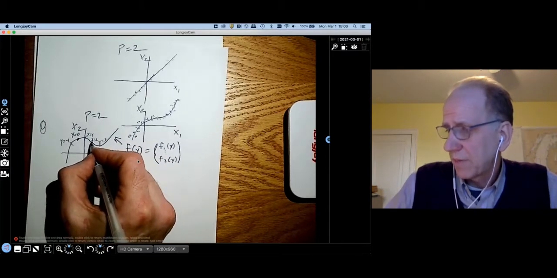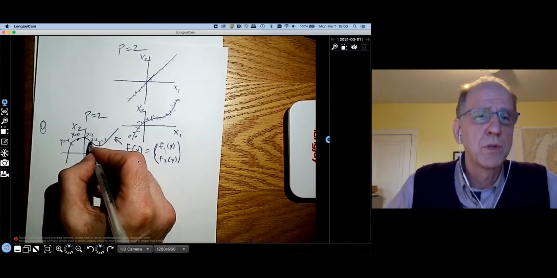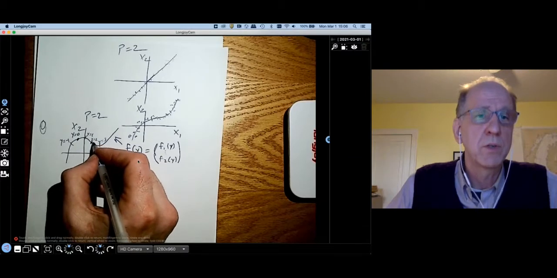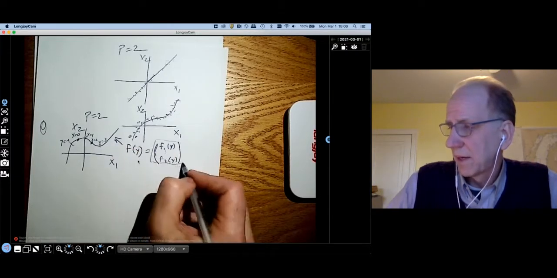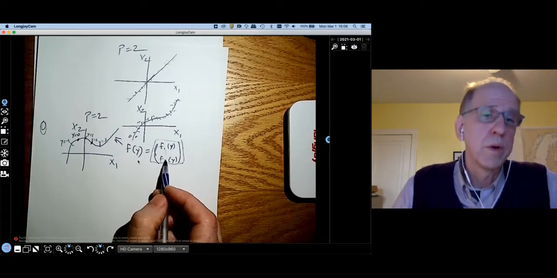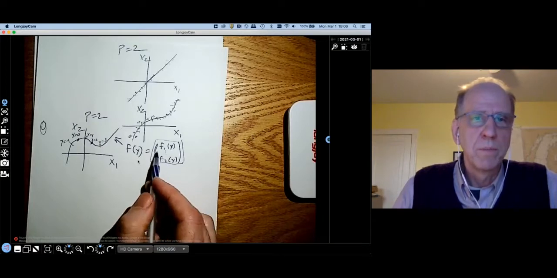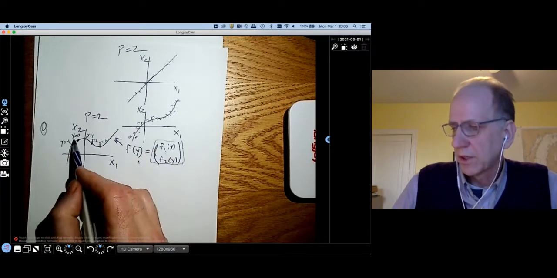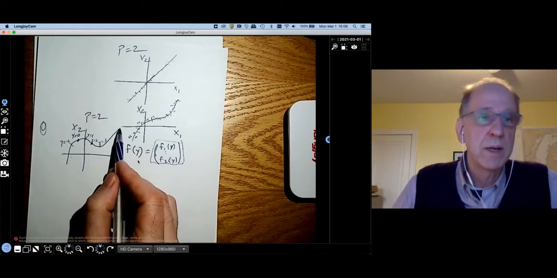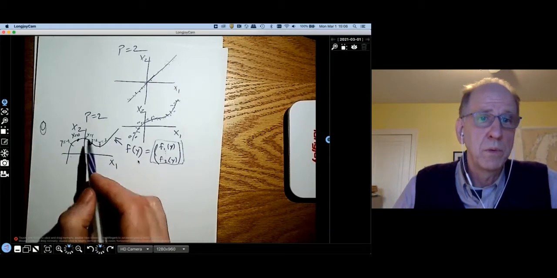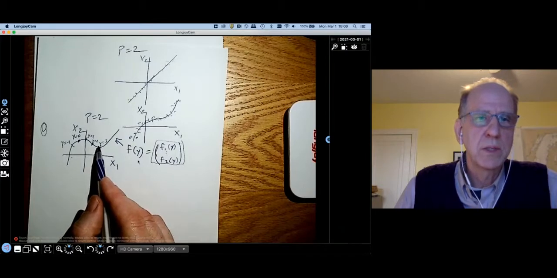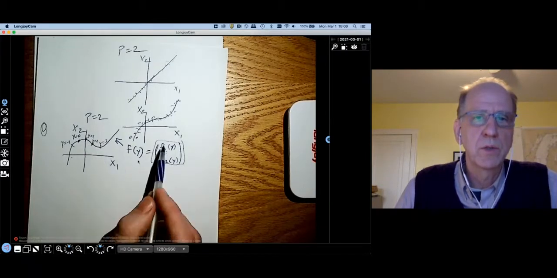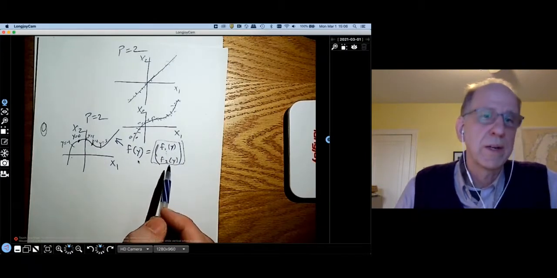If I am here at y equal to 2, so I'm 2 miles from the start of this road, we could also give the latitude and longitude of this point, and that would be something like the x1 and x2 coordinates. So I can either have an equation of the curve and then say where I am through this parameter y, or I can express this in the original coordinates x1, x2 with this vector.